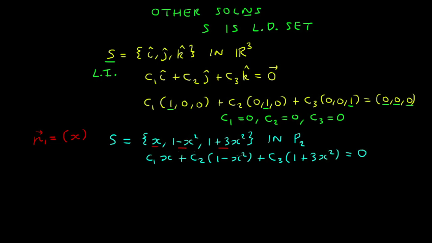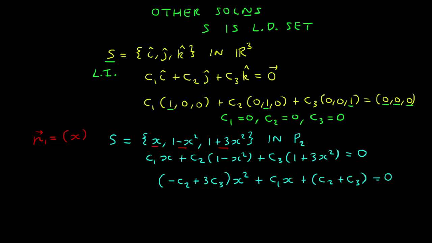Now we can group the terms. So we have minus C2 plus 3C3 multiplied by x squared, plus C1 by x, plus C2 plus C3, and that's equal to 0.